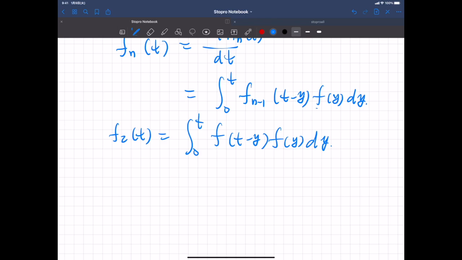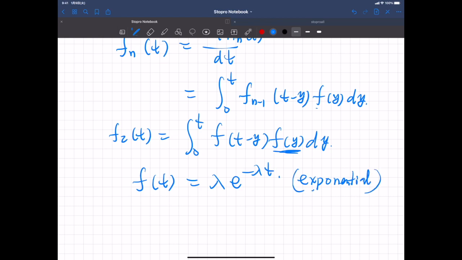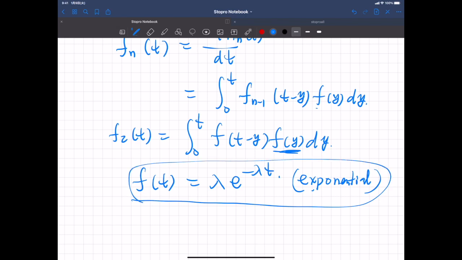And let's say we approximate this function by the exponential distribution. So let's say f of t is equal to lambda e to the power of negative lambda t. This exponential distribution is just a simplifying assumption.